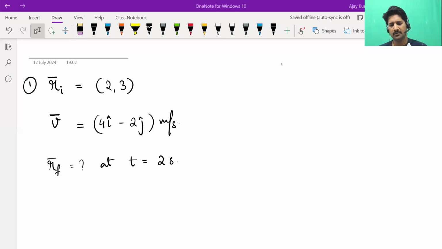Is it a variable velocity or a constant velocity? By looking at the equation, you can tell. Sir, constant. So at t equal to 0, it has this much velocity. At t equal to 0.5 seconds also, it will have the same velocity. At 1 second, 1.5 seconds, 2 seconds, throughout it will have the same velocity, right?